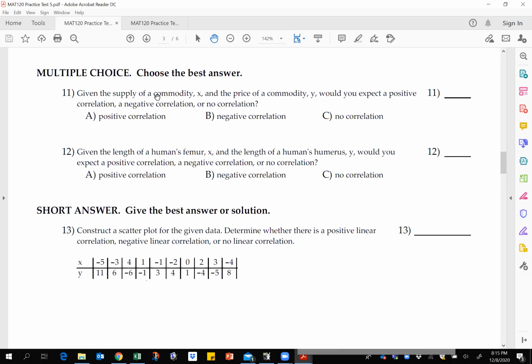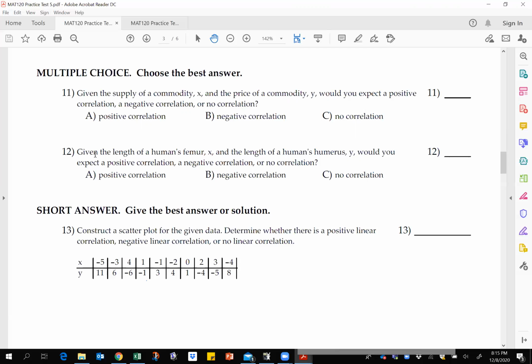The more of something you have, the more readily available it is, the less its price is going to be. So when commodity supply goes up, price goes down, which means the two variables are doing opposites. So that would be a negative correlation.